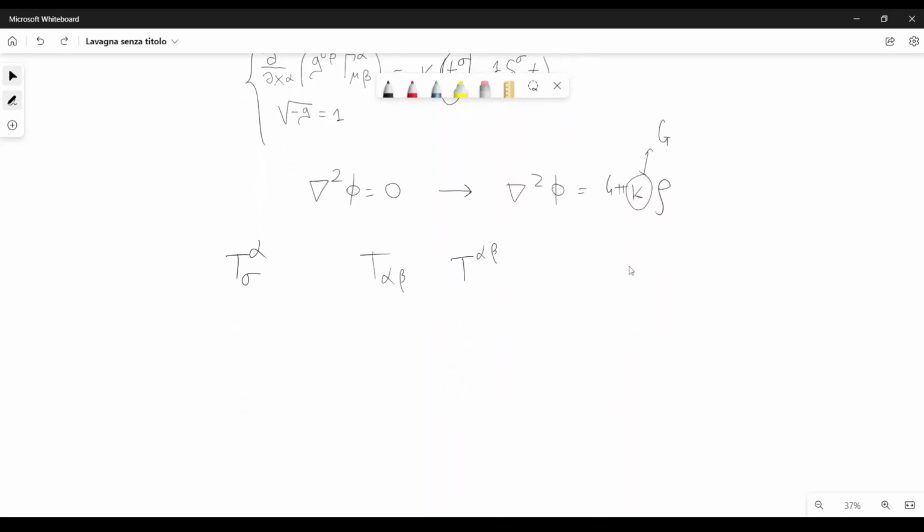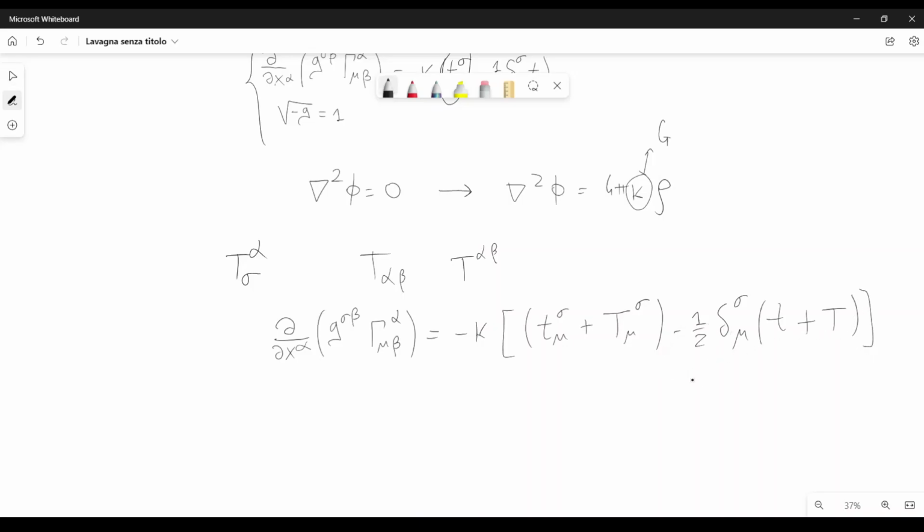So the equations will become like this: d over dx alpha of g sigma beta gamma alpha mu beta equal to minus k, and here we have lowercase T sigma mu plus capital T sigma mu minus 1/2 delta sigma mu times lowercase t plus uppercase T, where t is defined as T mu mu, and this is called Laue's scalar.